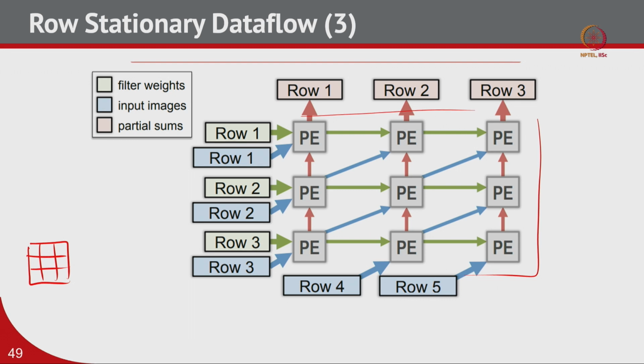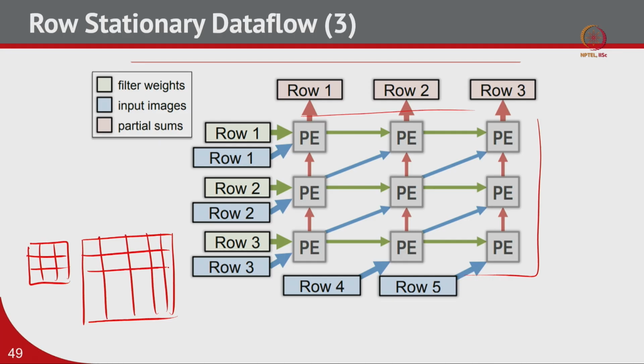That means let us assume that the image size is 5 by 5. So, this is the 5 by 5 input feature map, or 5 by 5 input image, and this is the 3 by 3 weight, right.